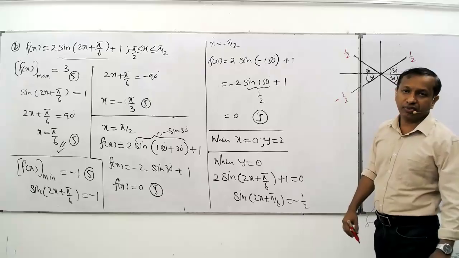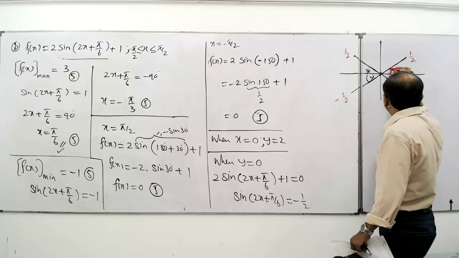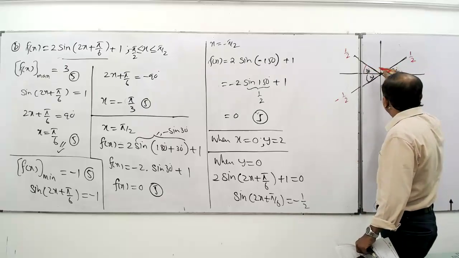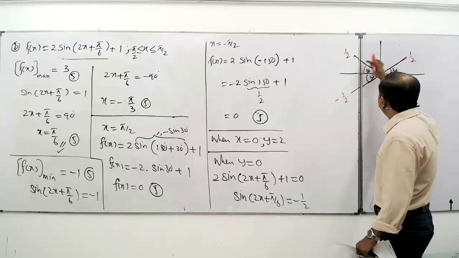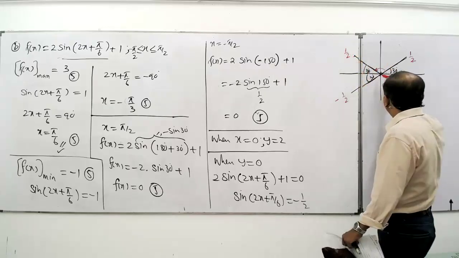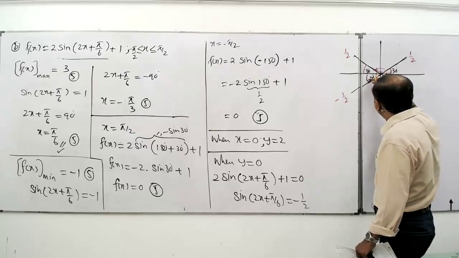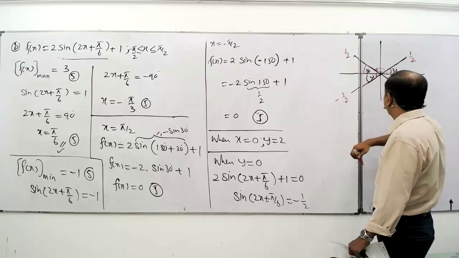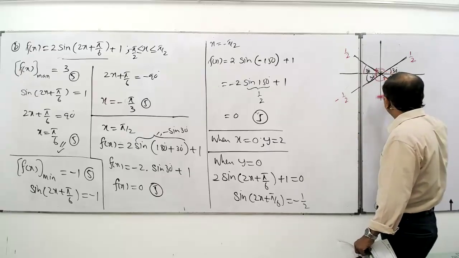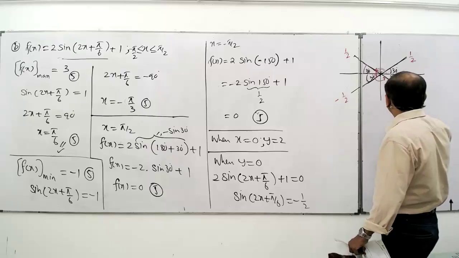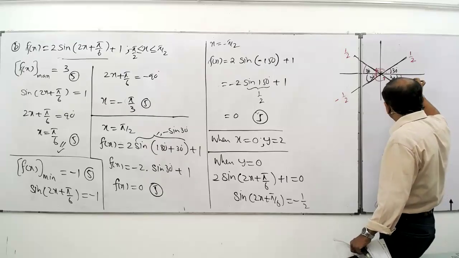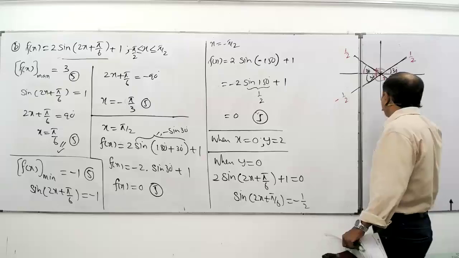Okay, now look at what angles. Sine 30, half. If this is 30, what is this angle? 150. Sine 150, half. If this is 30, what is this angle? 180 plus 30, 210. Sine 210 minus half. What is this? Sine 330 minus half. And also rotating clockwise, sine minus 30, also minus half.